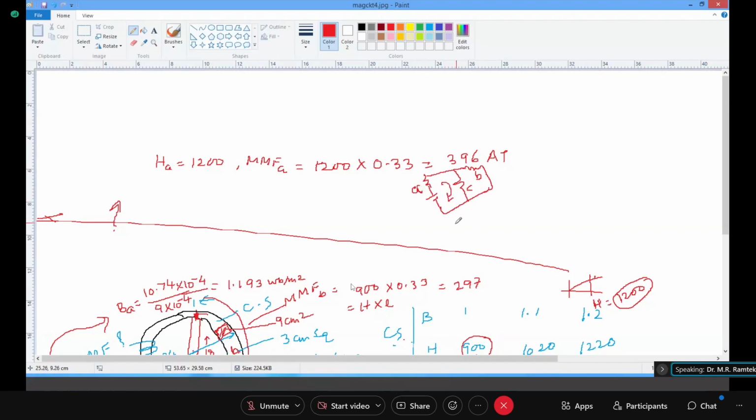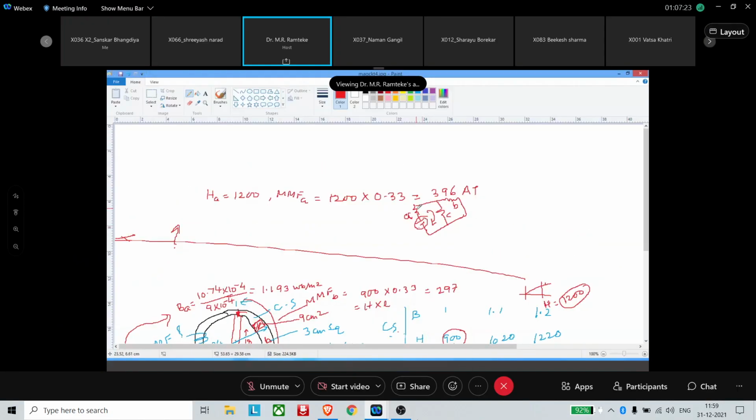It is a magnetic circuit, but you can apply those laws equally, with little modification. So the MMF of the source is the MMF for this plus the MMF for this. Clear?